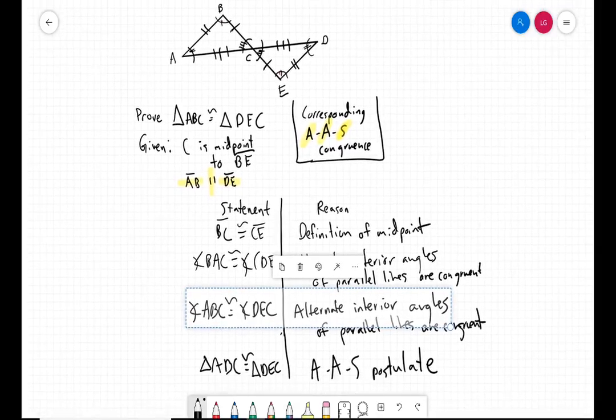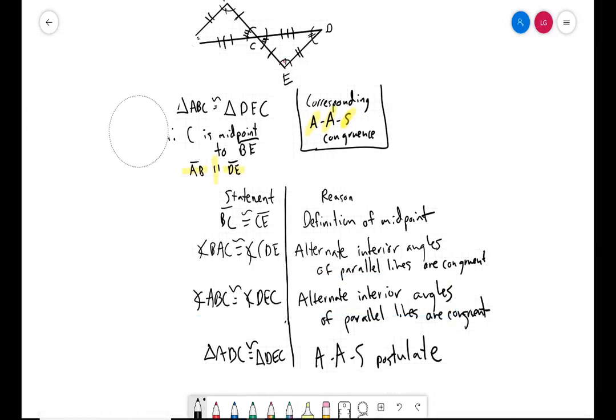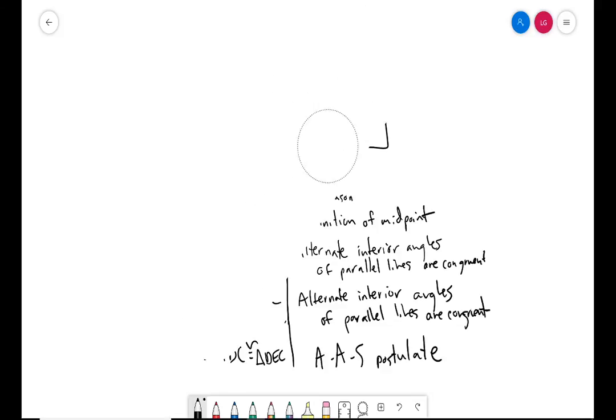I'm going to erase all this and draw ourselves another couple of triangles here.